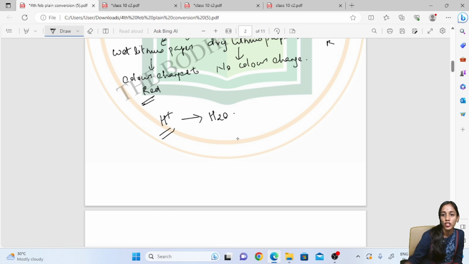The H plus ions which are present in the acids can exist only in the presence of water. They cannot exist alone, which means they cannot show their acidic properties without water. They always combine with the water and are shown as H3O plus ions, or hydronium ions.